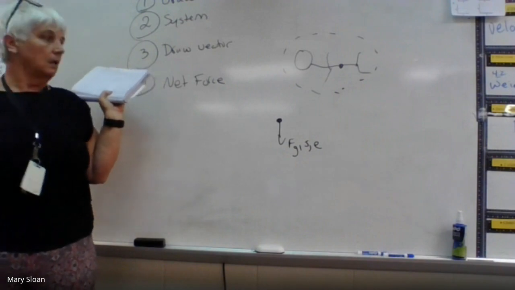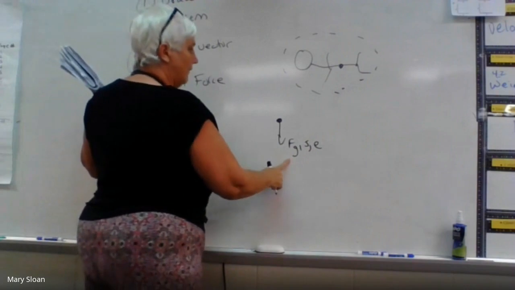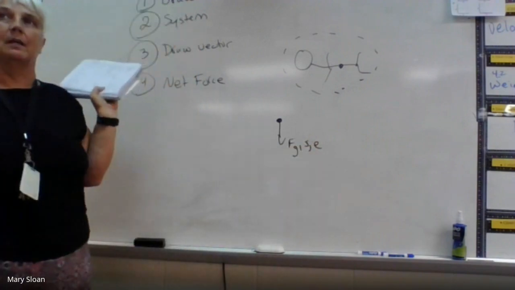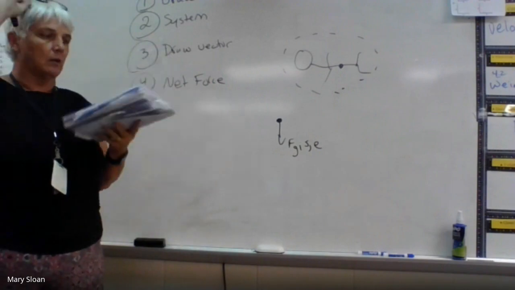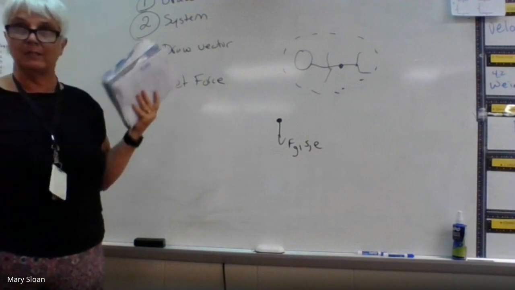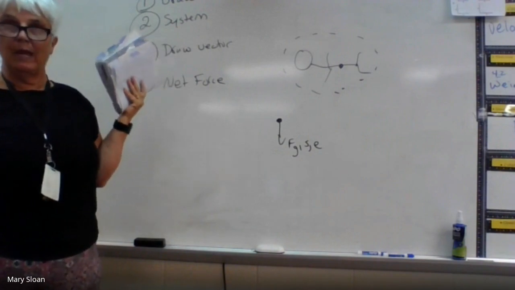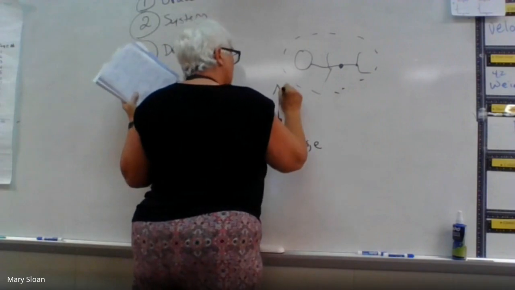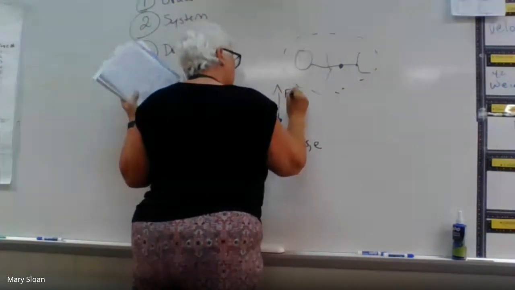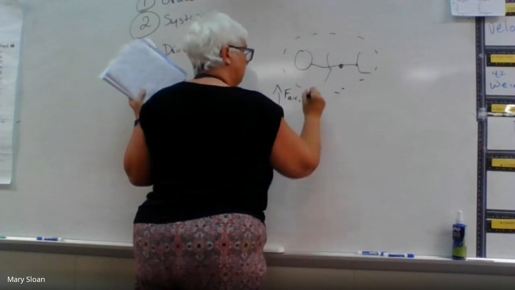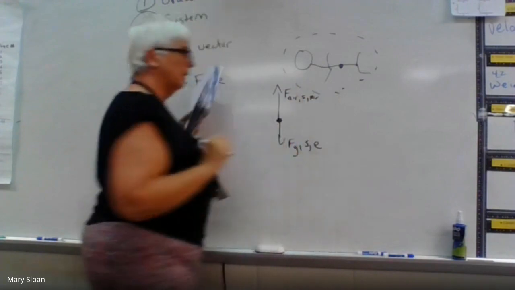So force of gravity on the skydiver by the earth. What is the other force here? Air resistance, right? So we're going to do force of air on the skydiver by the air. Okay?